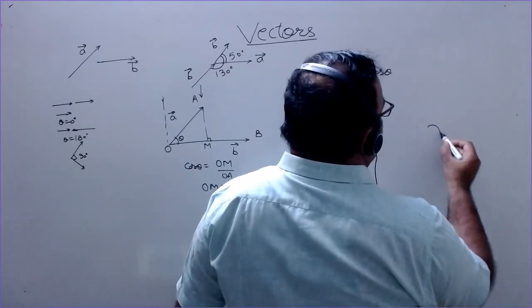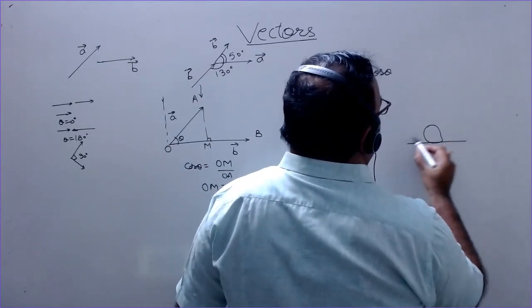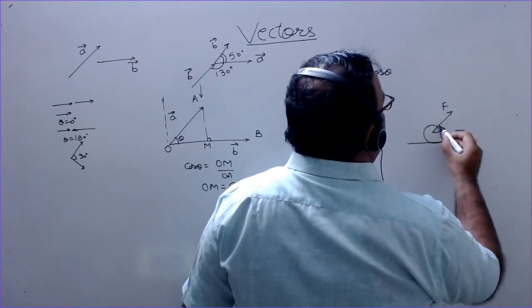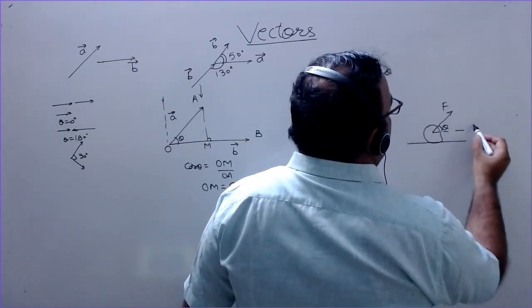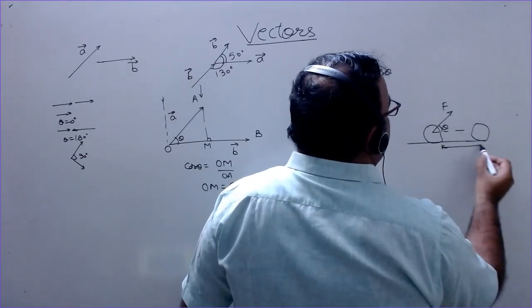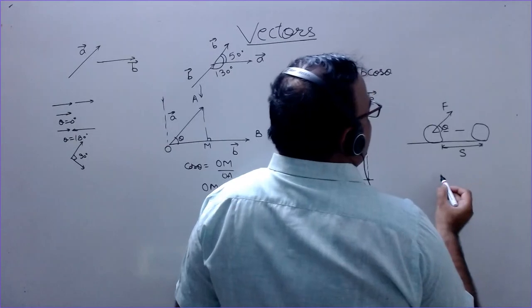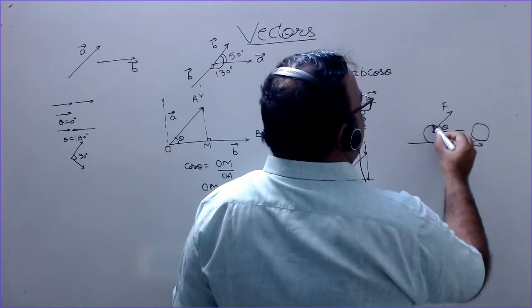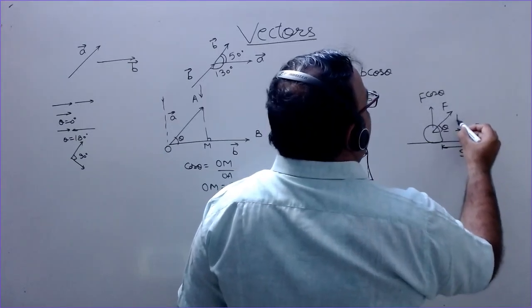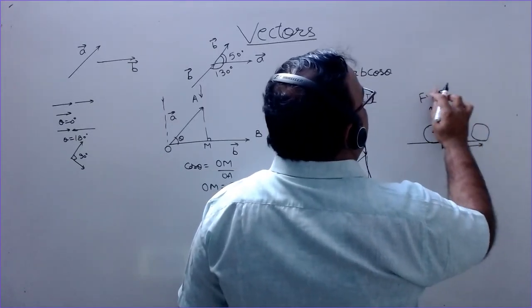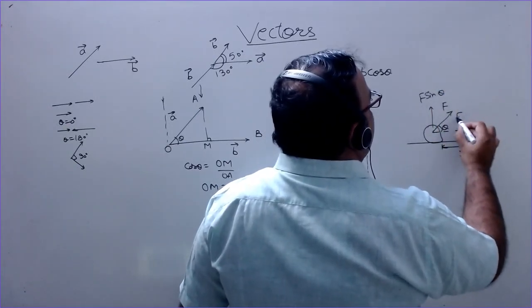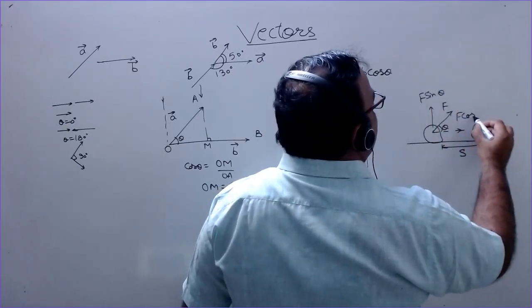Suppose I have this body kept on the ground and I am applying a force F on it at an angle theta with the ground. So it moves to another point and the displacement of the body is S. So we have the vertical component of force as F sin theta, and in the direction of motion it is F cos theta.